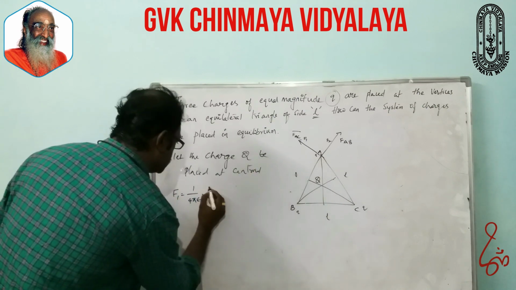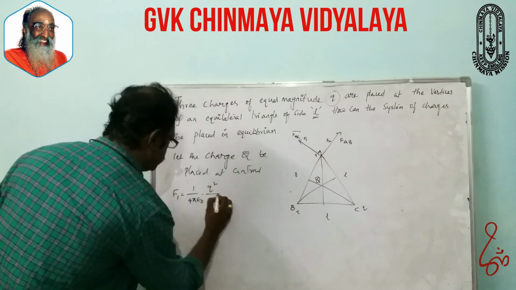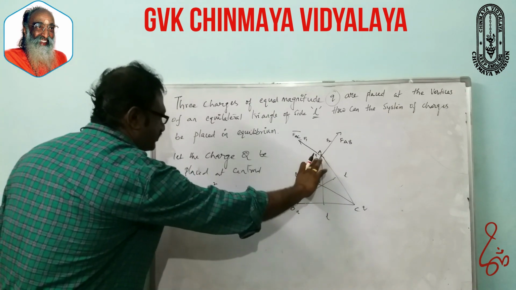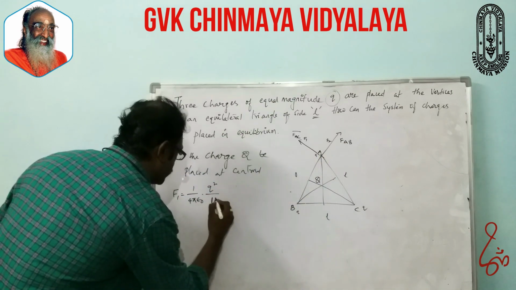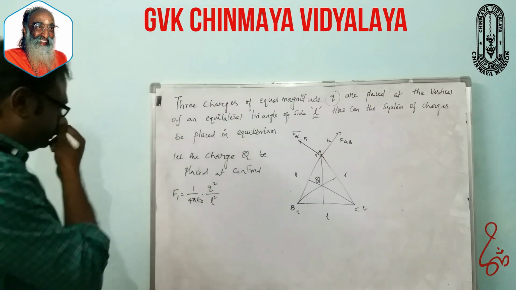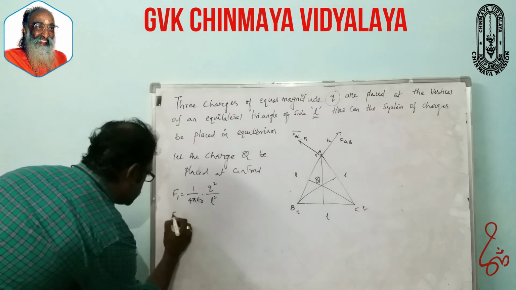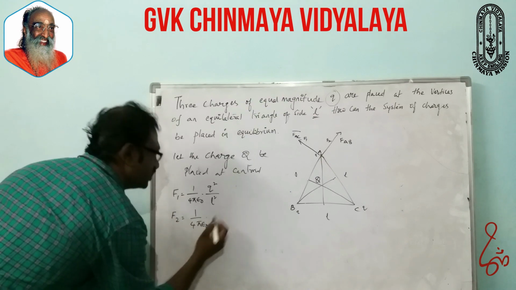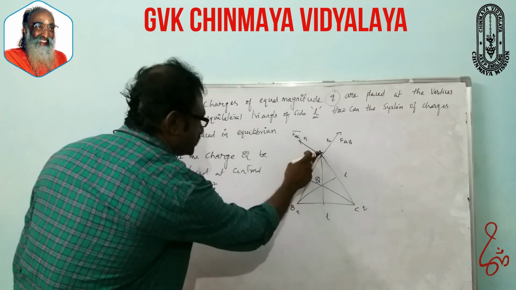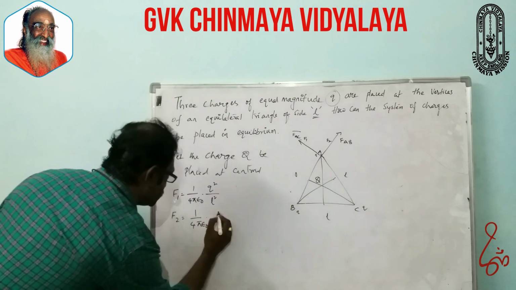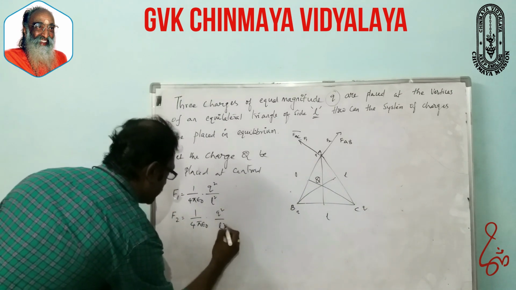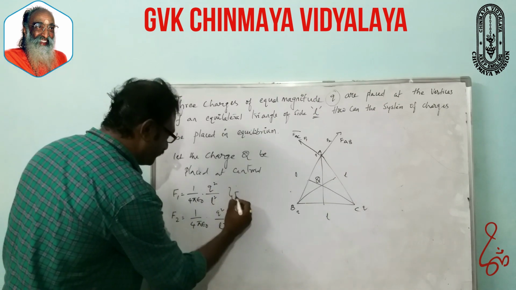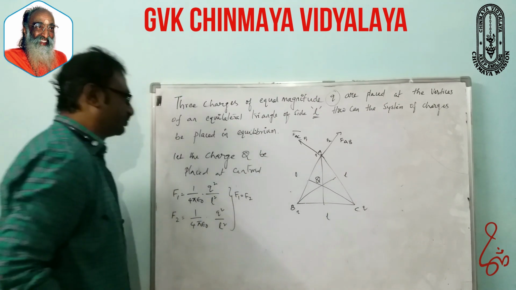Q and Q, so it is Q square, and the distance between them is L. So F1 is Q square by L square. And F2 is 1 by 4 pi epsilon naught, with Q and Q, so Q square by L square. You just observe that F1 and F2 are the same: F1 is equal to F2.